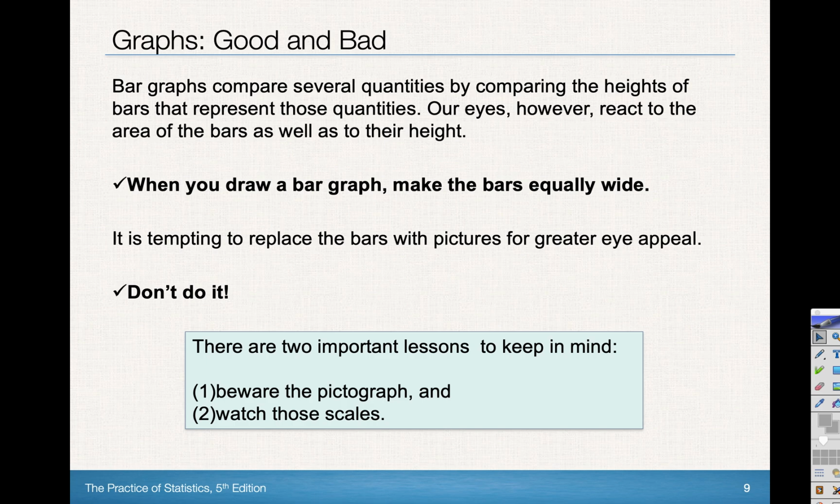So therefore, you don't want to be drawing apples and trucks. You want to be drawing bars, and make sure bars are equally wide. And make sure your scales are consistent throughout. So don't jump from 100 to 500 to 550. Make sure you have equal jumps in your scaling.